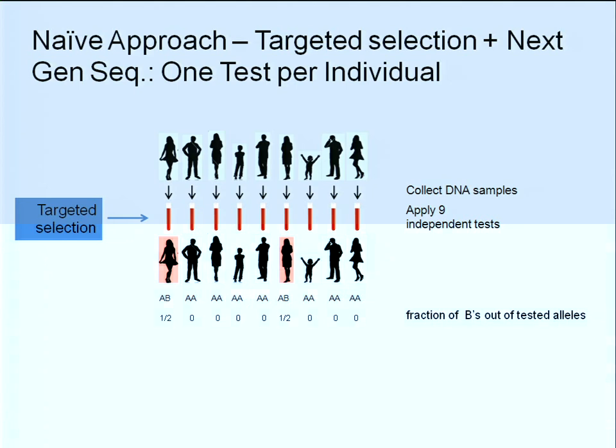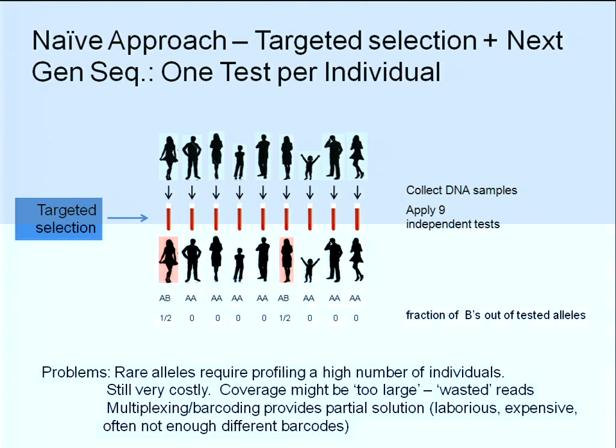So you get rid of the rest of the genome, and you just sequence using next-generation sequencing. After you target your regions, you perform one run for each individual, and find the carrier.